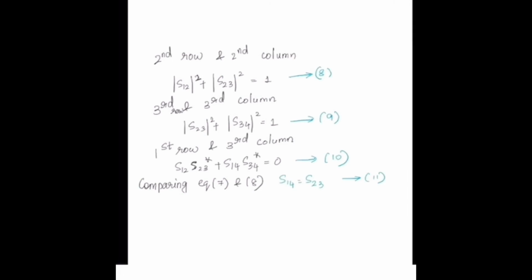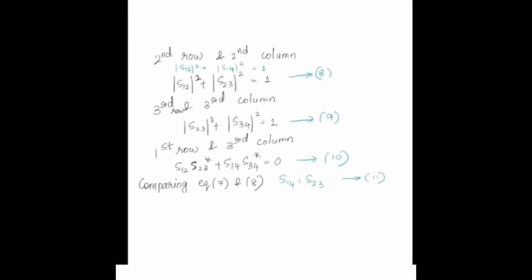So comparing the equations, we can see that the terms which are different are S14 and S23, since S12 square is there in both the terms.